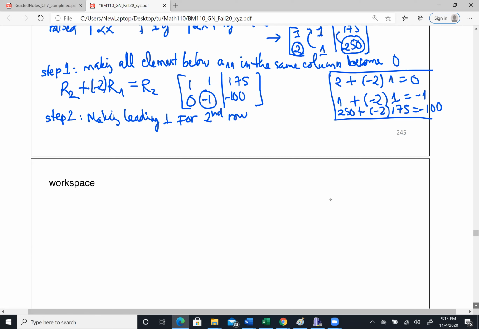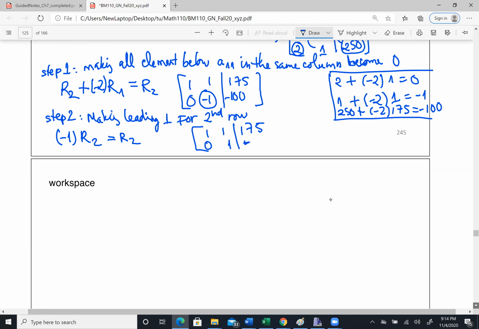How can I do that? I'm just going to multiply the second row by -1 to make the new row 2. So you have 1, 1, 175, and then 0, 1, 100. Oh, sorry, I multiplied by -1 already, so I put 1 and 1 in this.